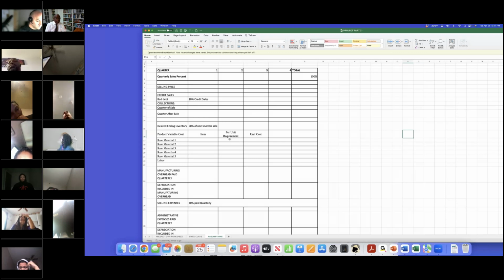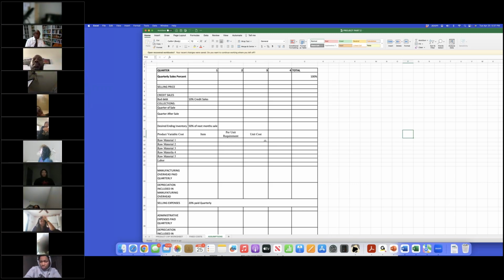It's going to be very important that this information is consistent throughout. So when you do the assumptions, put in your per unit requirement and unit cost and use this consistently throughout.